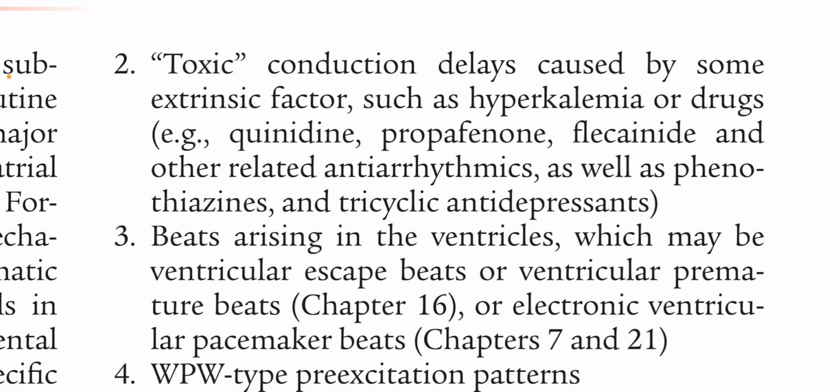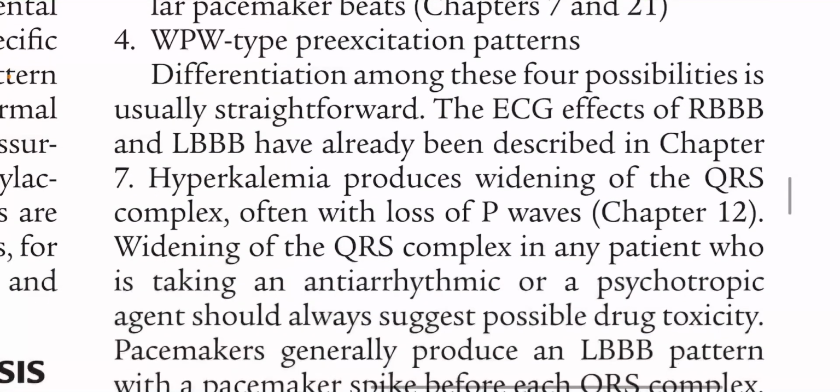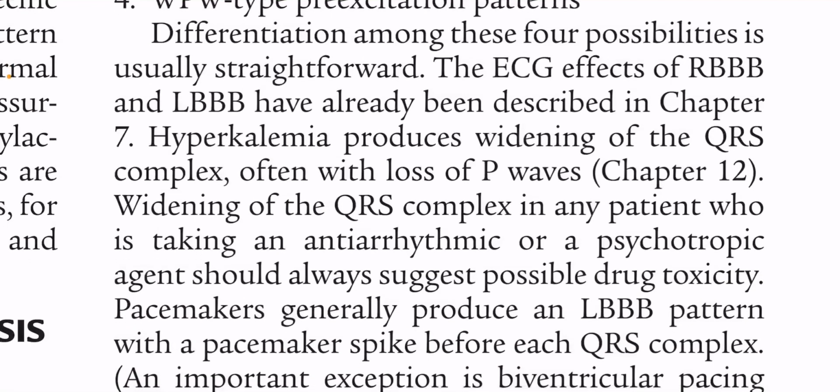Beats arising in the ventricles, which may be ventricular escape beats, ventricular premature beats, or electronic ventricular pacemaker beats. WPW type pre-excitation patterns. Differentiation among these four possibilities is usually straightforward.